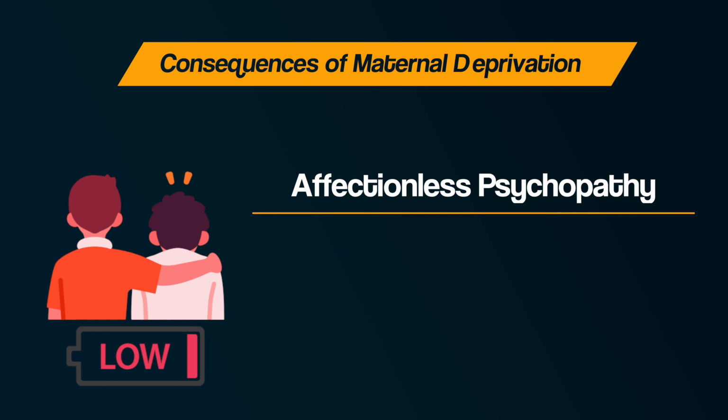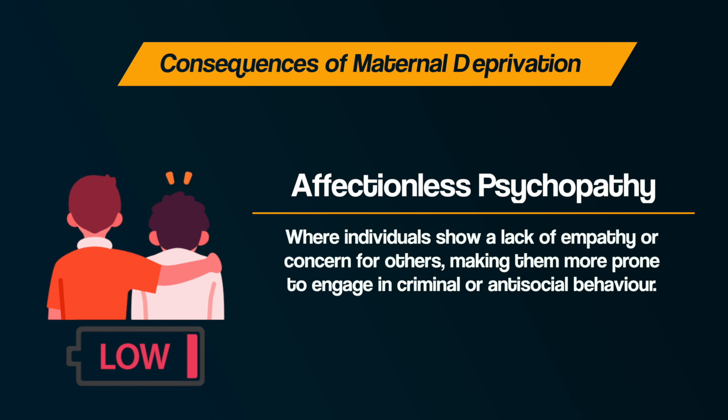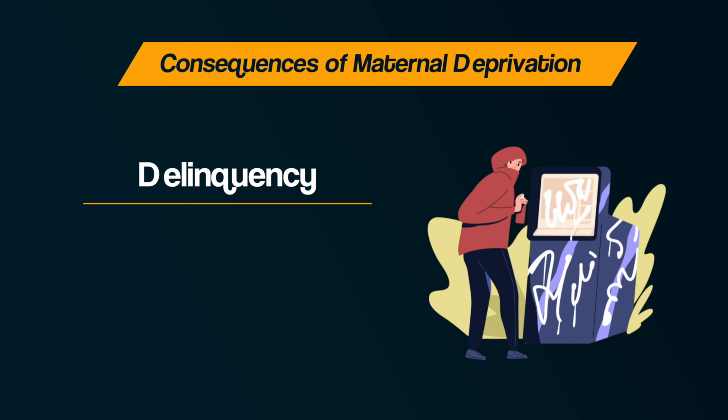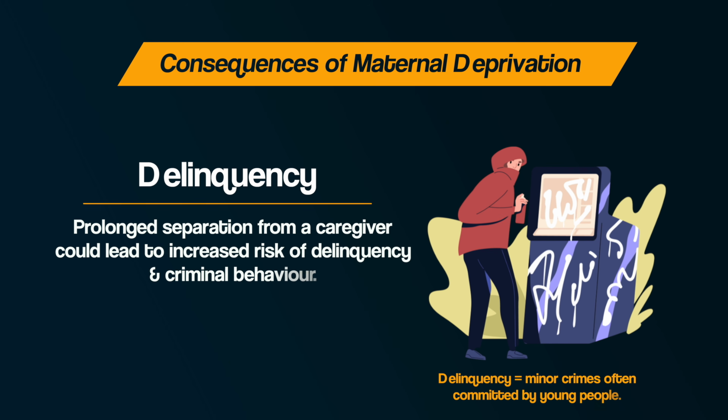Affectionless psychopathy, a condition where individuals show a lack of empathy or concern for others, making them more prone to engage in criminal or antisocial behaviour. And delinquency. Bowlby's research suggested that prolonged separation from a caregiver could lead to increased risk of delinquency and criminal behaviour later in life.